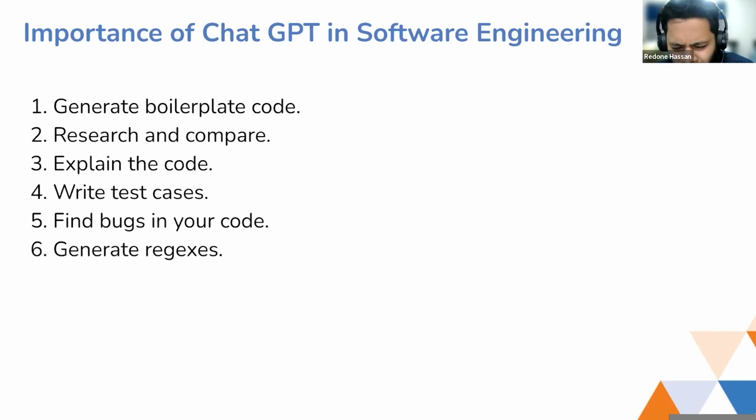Research and compare. Recent hype that I saw is that ChatGPT also gave the exam of Google's level 2 software developer coding interview as well. So in research and compare, how can we use it? Like we want to use a particular algorithm to solve a particular problem.